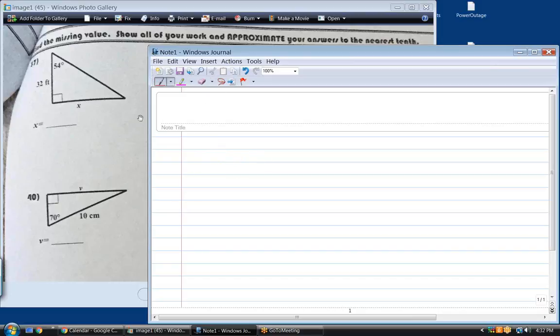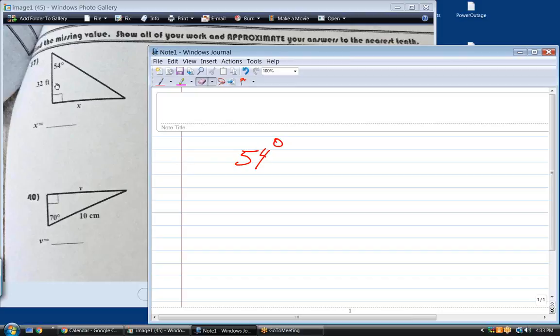So something of 54 degrees. Which trig function of 54 degrees are we going to look at? Of your three primary, are we going to use sine, cosine, or tangent? Does it matter?